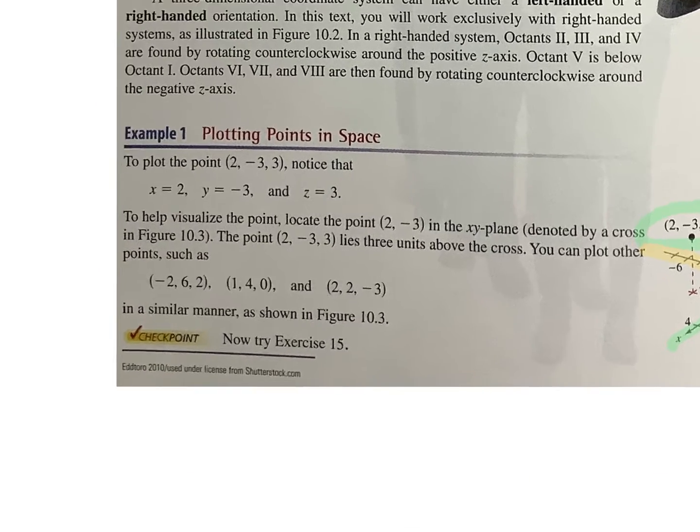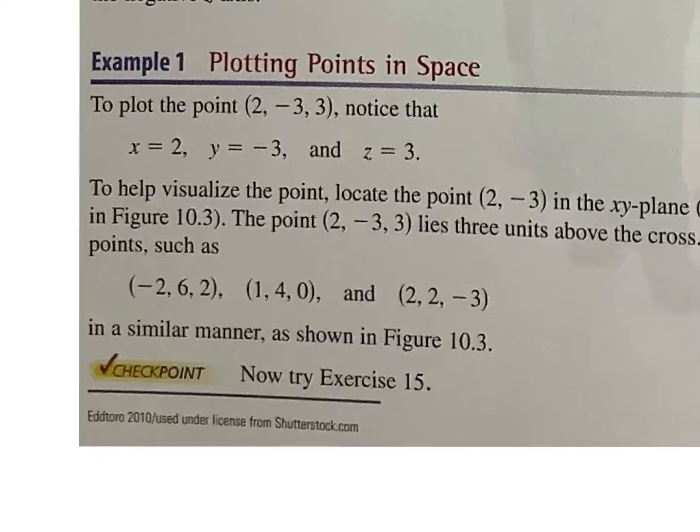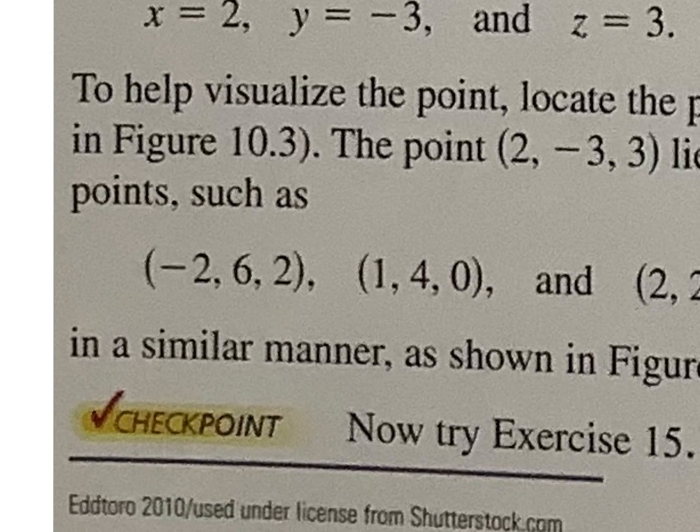Again, I'm not going to have you guys plot these points. But like this one, -2, 6, 2. You'd find -2, 6 on your coordinate plane. And then to find 2, would you go up 2 spaces or down 2 spaces? Is your z positive or negative?